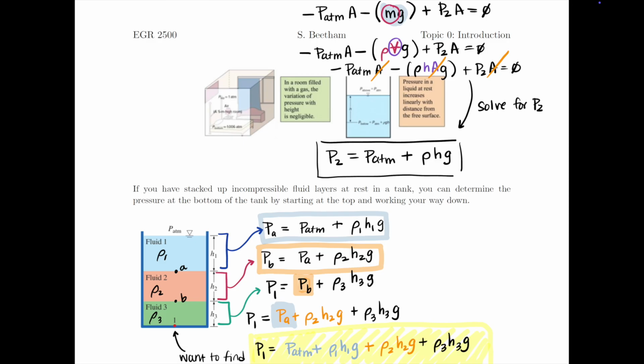And that's it. All right, so we found our pressure at 1 by using our atmospheric pressure and then the densities and the heights of each of those fluids in our layered up system.